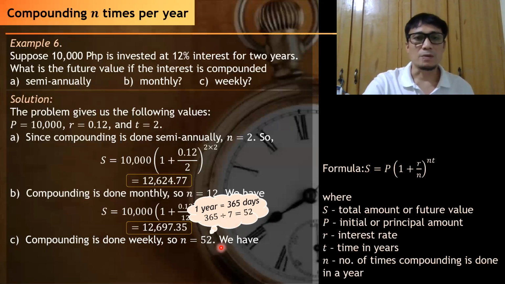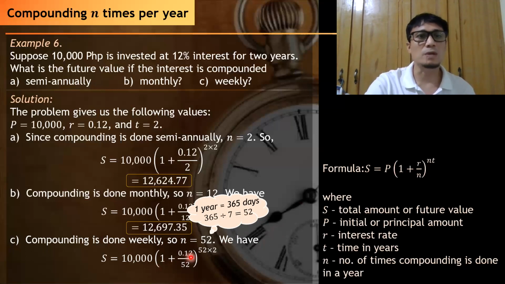We use 52 for our N, then plug in again to the formula. You obtain 10,000 times (1 plus 0.12, which is your R, over 52, which is your N), raised to 52 times 2. The 2 here is the number of years. So after 2 years, the amount is 12,708.98 pesos. That's the total amount.